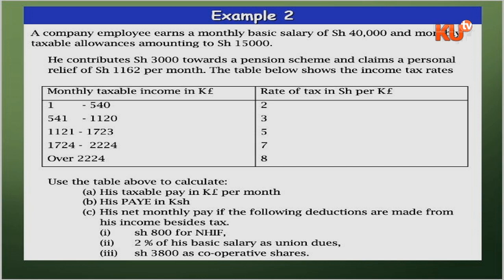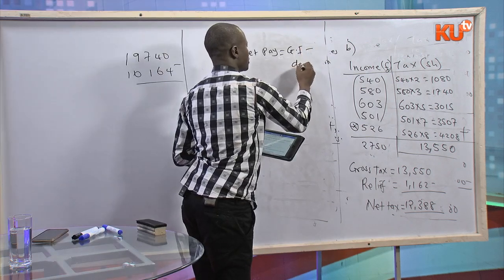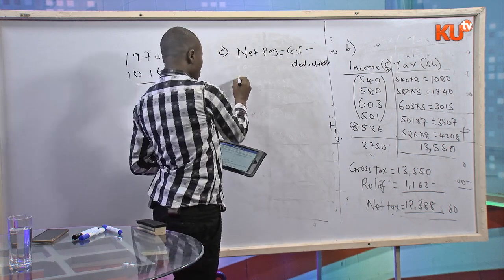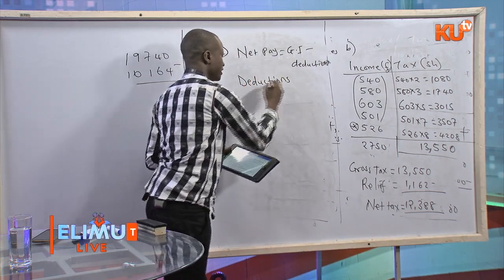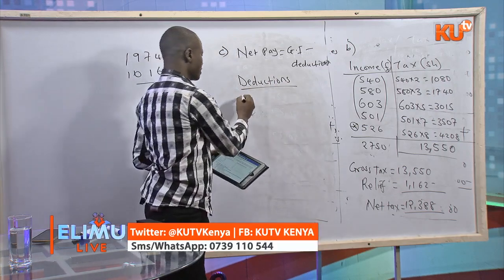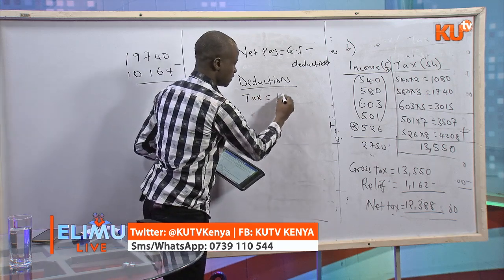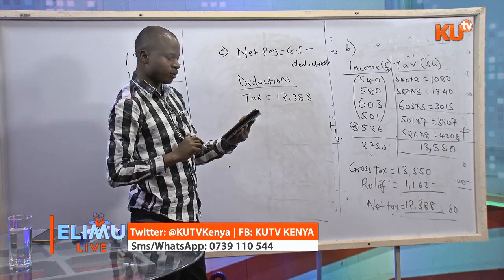In simple terms, net pay is gross income minus deductions. As guided before, you are expected to list all the deductions here. So the first deduction is the net tax, which is 12,388.